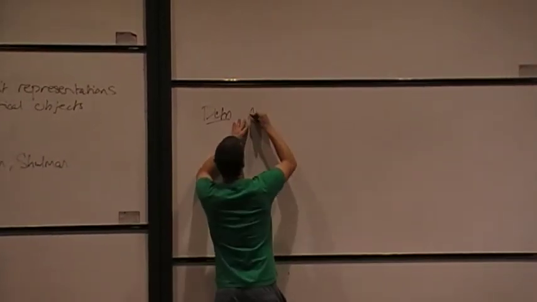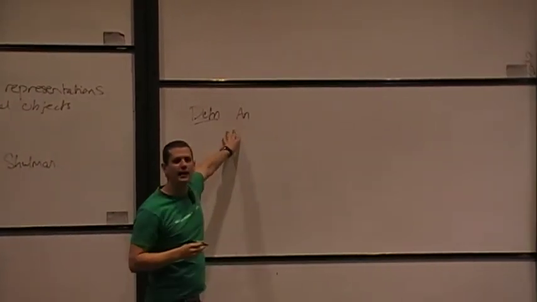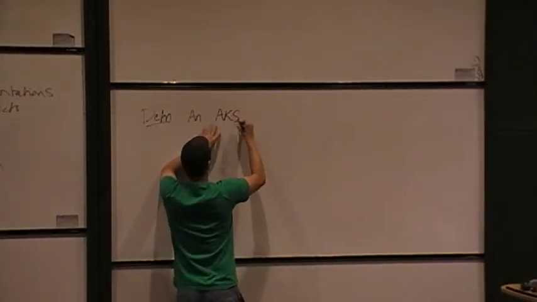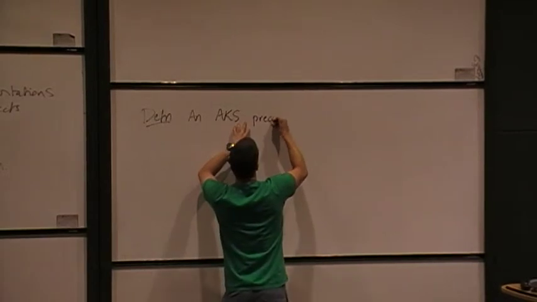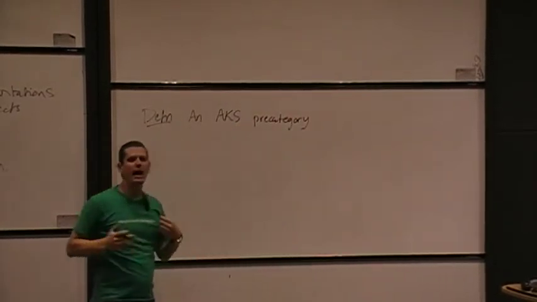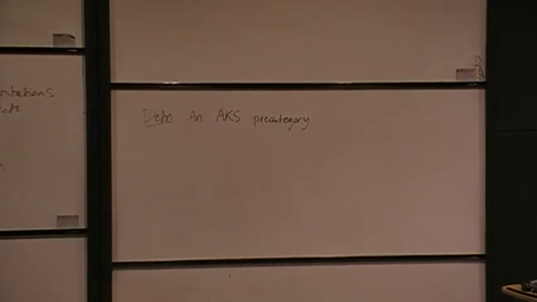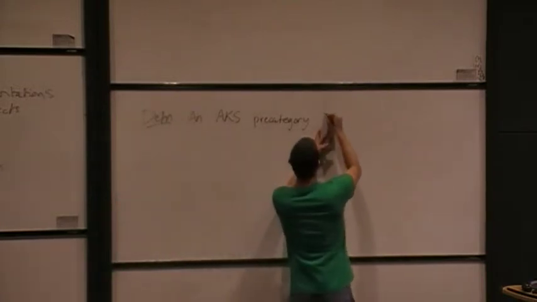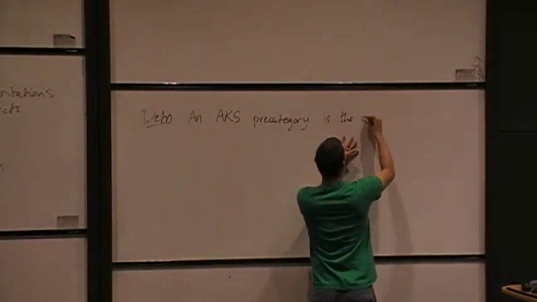So first I'm going to tell you what an AKS pre-category is. I guess the slogan is an AKS pre-category is the first thing you'd write down if you were trying to define categories in homotopy type theory. So an AKS pre-category is the obvious thing.